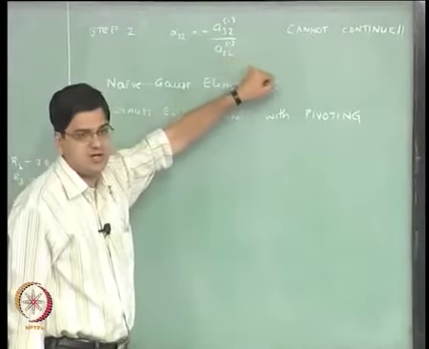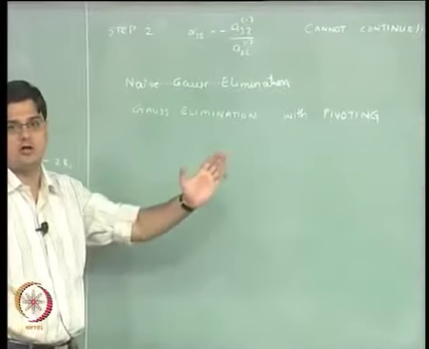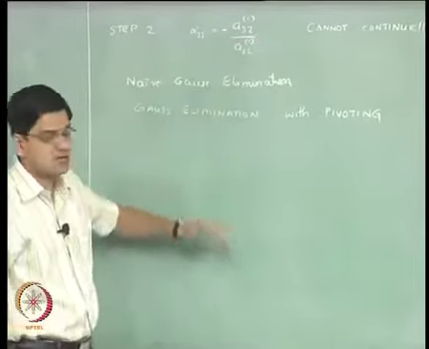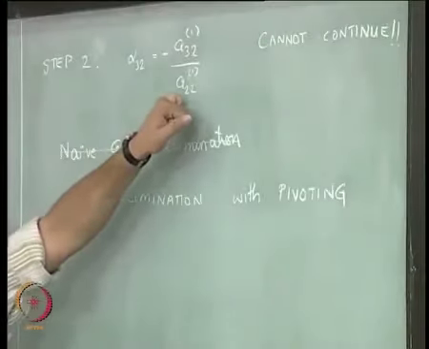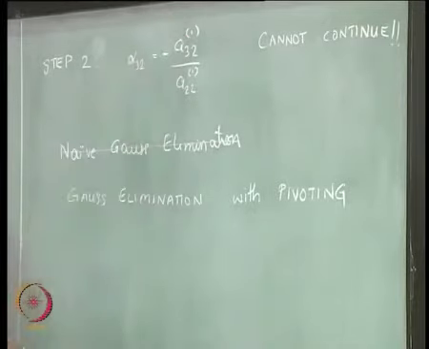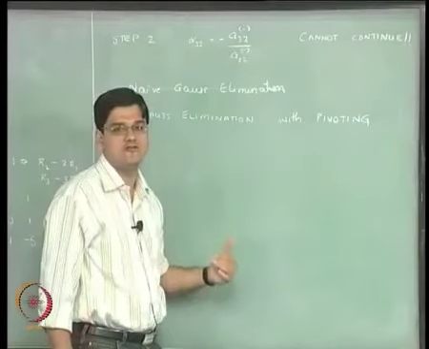This is the element that is going to divide the entire row operations. This is the dividend in case of finding the coefficients alpha 32, alpha 42, alpha 52 and so forth.